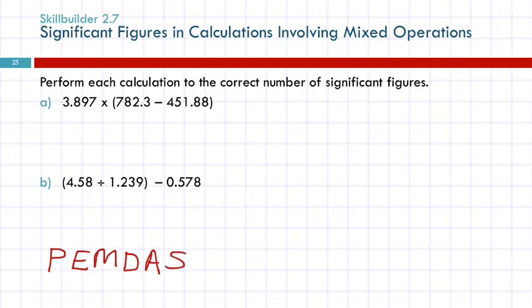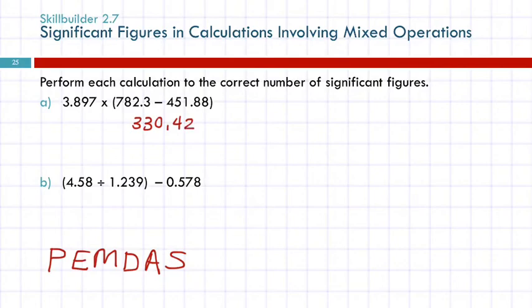You always do things in parentheses first. So I'm going to do the thing in the parentheses first, 782.3 minus 451.88. I press equals. When you first start with this, as we're all first starting right now, I encourage you to write that number down. So 330.42 is what the calculator tells me.